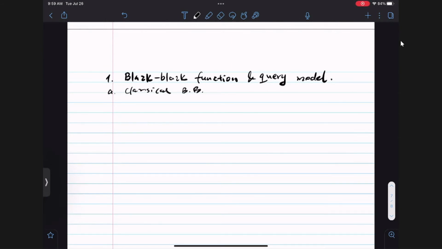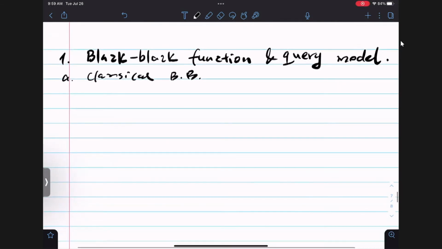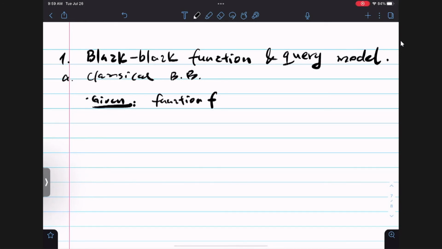So let me start with a classical black box. So basically this just means I have a function which is given to me as a black box or oracle. So I can press a button, send in some input, and then it will give me the function value f of x.